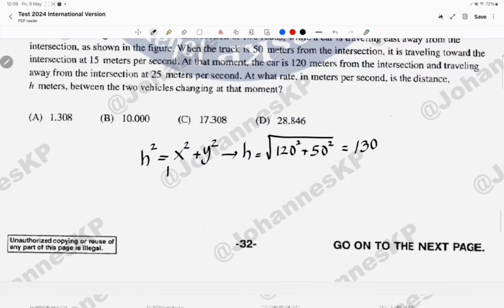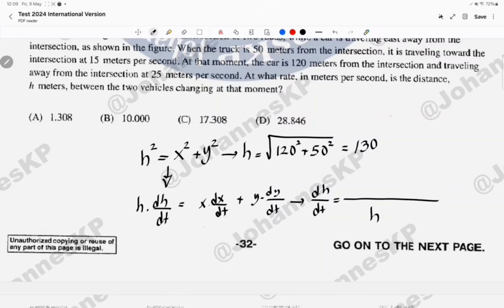And now we can take that equation and differentiate it. So 2h dh over dt equals 2x dx over dt plus 2y dy over dt. And you can cancel every 2. Now we're looking for the dh over dt, right? So dh over dt is equal to, h goes in the bottom, x times dx over dt plus y dy over dt.